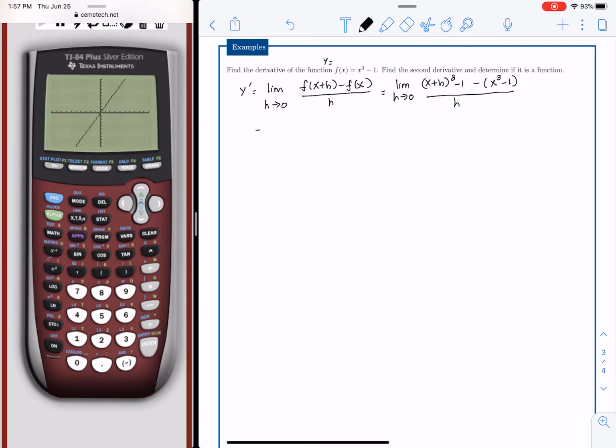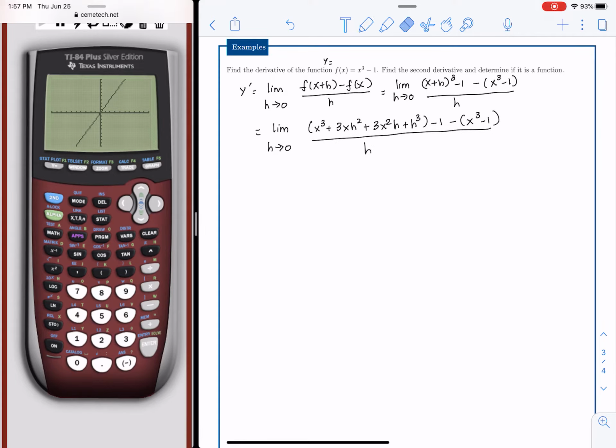So we have to FOIL. If you FOIL x plus h cubed, you will get x cubed plus 3xh squared plus 3x squared h plus h cubed, minus 1 minus x cubed minus 1, divided by h.